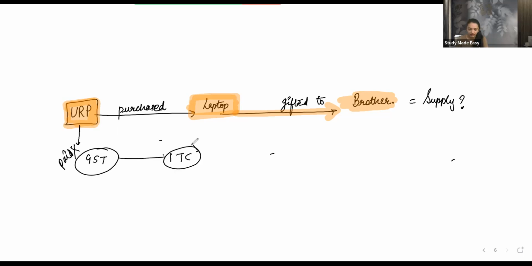You cannot claim ITC. So when you purchase from an unregistered person, ITC is not available. So even if you gift, even if you permanently transfer that asset, it is not a supply. And why gifted? Obviously, a gift is without consideration. Done? Chalo. Now write. First of all, write that entire sentence, paragraph 1.